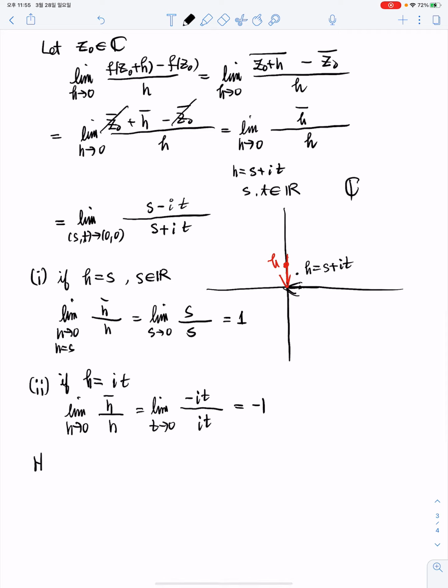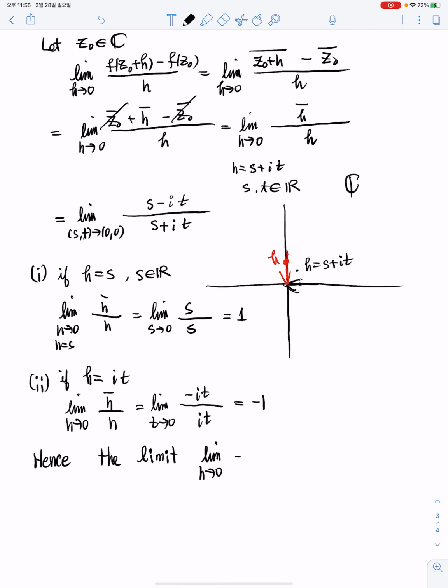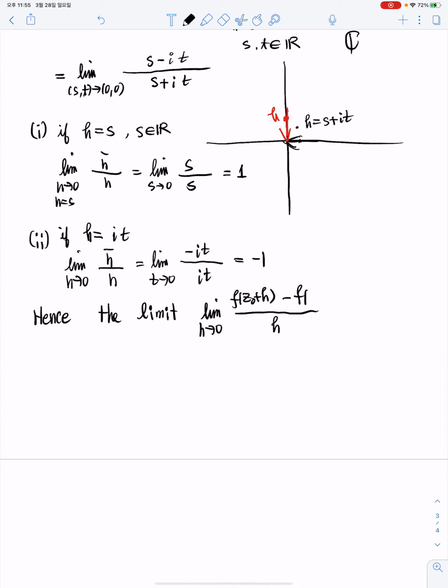Hence the limit as h goes to 0 of f(z0 plus h) minus f(z0) over h does not exist.